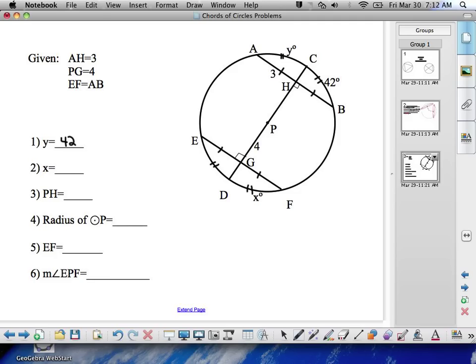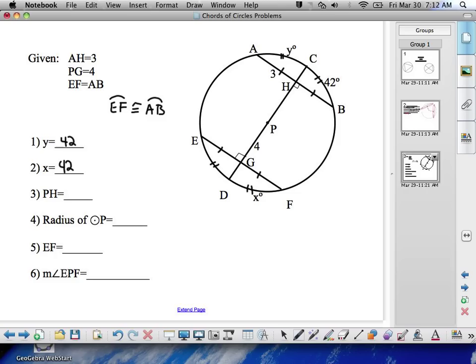So if arc EF is congruent to arc AB, then when you bisect them, the bisected parts would be congruent to each other. So X would be the same as Y, 42 degrees.